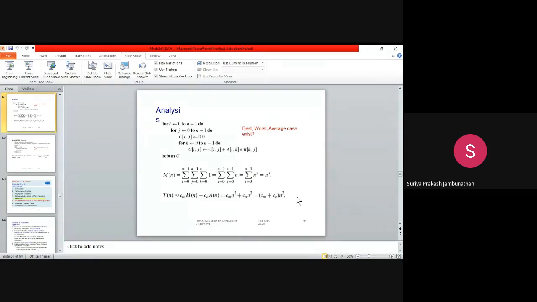We are dealing with a 2-dimensional array, and we are calling the same array 3 times. How we are calling? C of ij is equal to a of ik into b of kj. So 3 times, 3 different arrays we are dealing with, so we are making n cube as the time complexity. So n cube is the particular complexity for this algorithm.